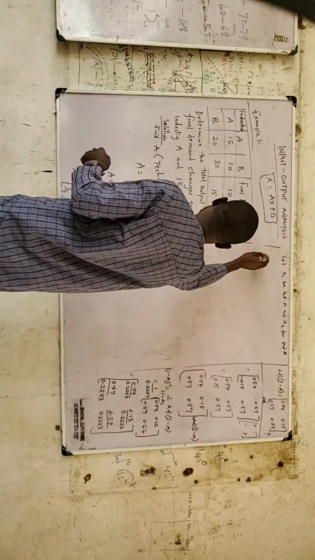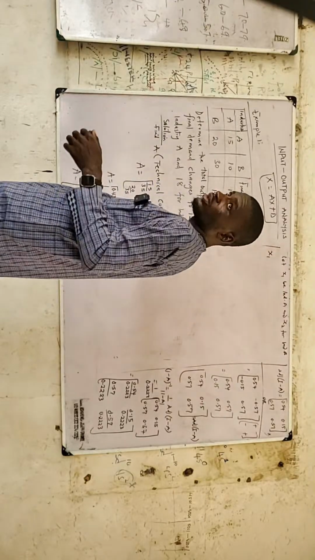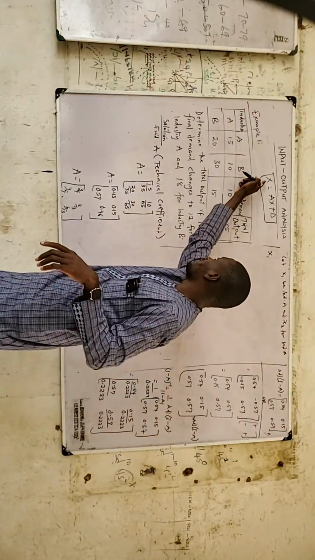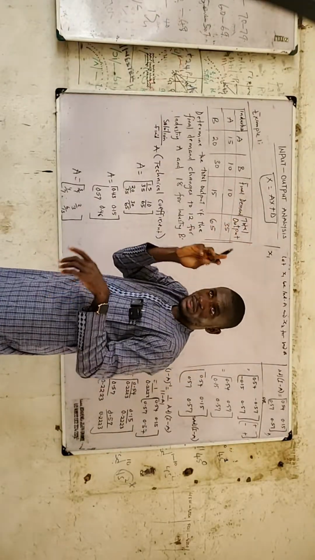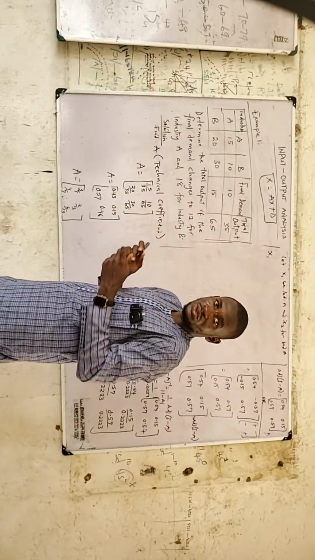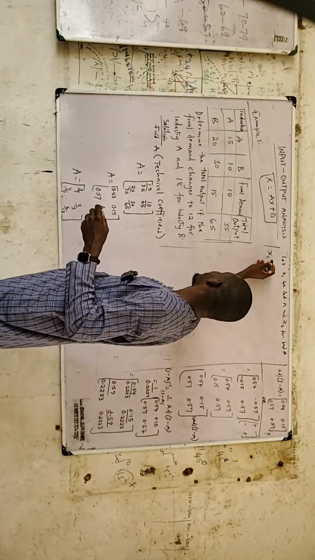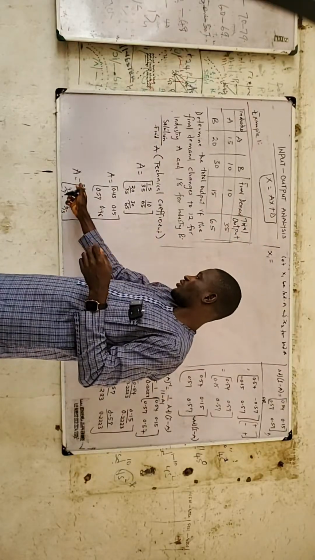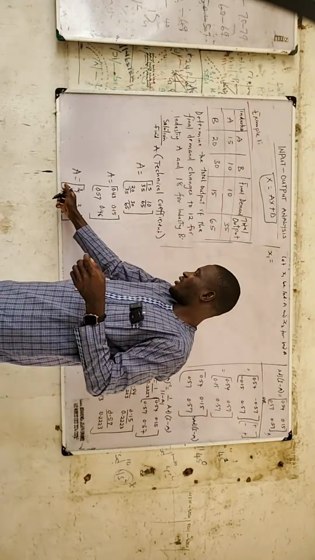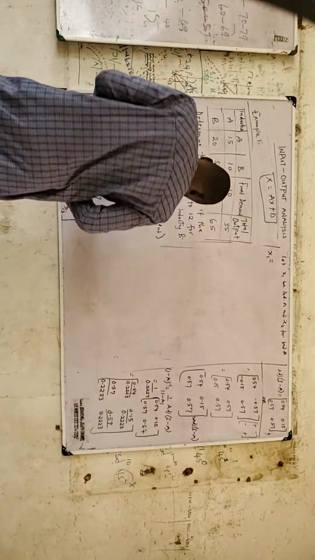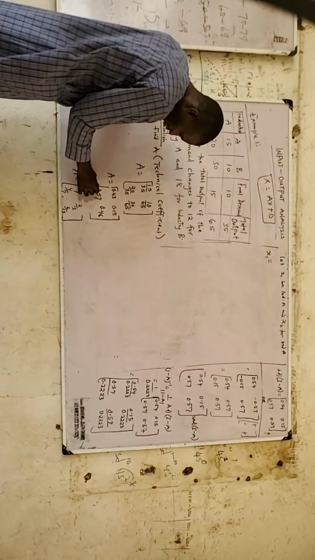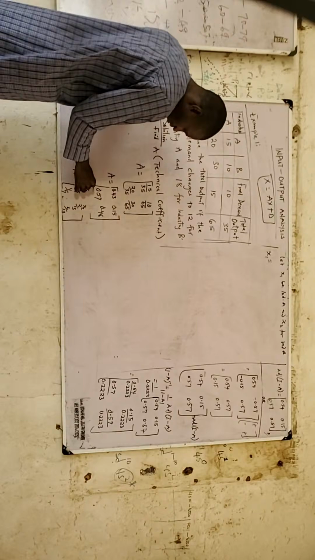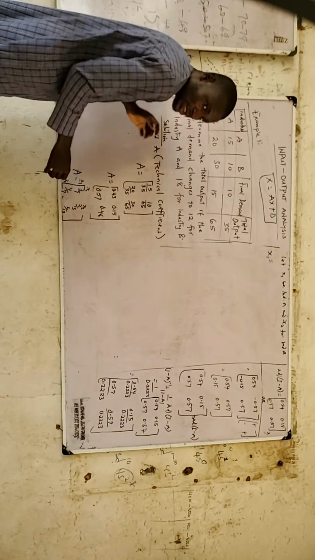For x1, which is the total output for industry A, x is in two places, x1 and x2, because we have industry A and industry B. This is for x1, this is for x2.